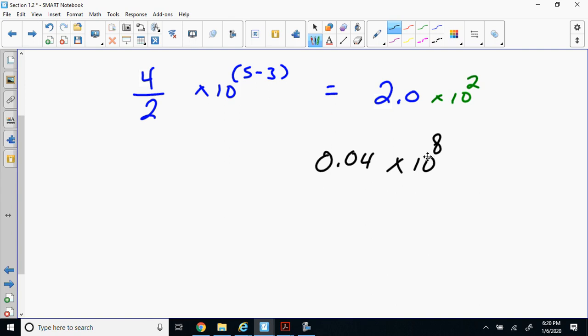Multiplied, right? Is that in scientific? No. All right. I got to move it how many times? Twice, right? Now, is that a positive move or a negative move? That's a positive. All right, let's do this.